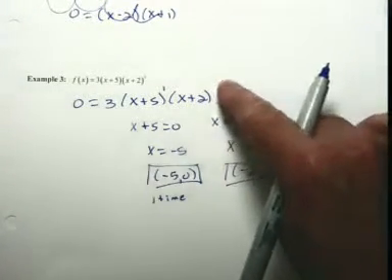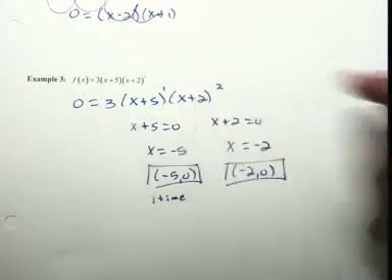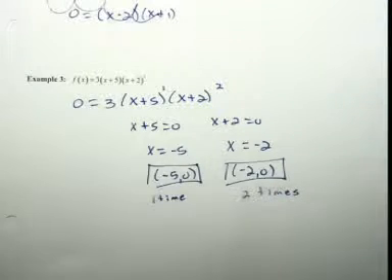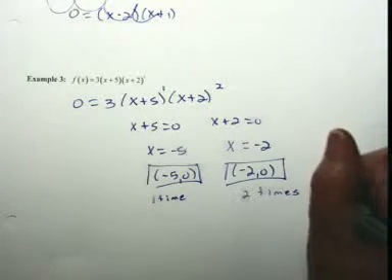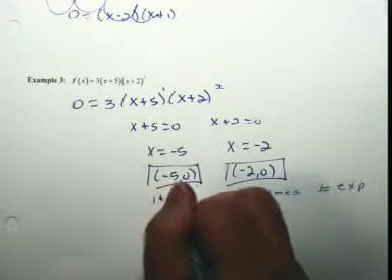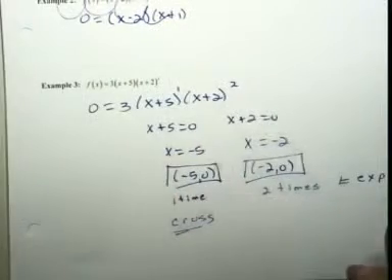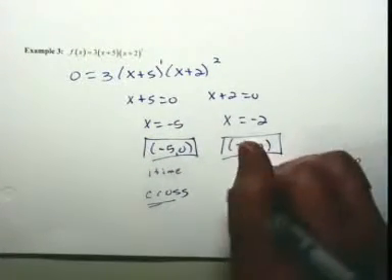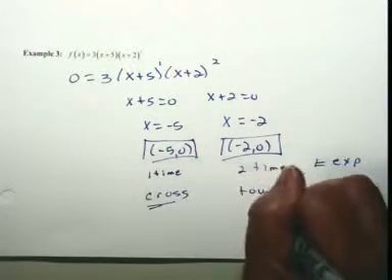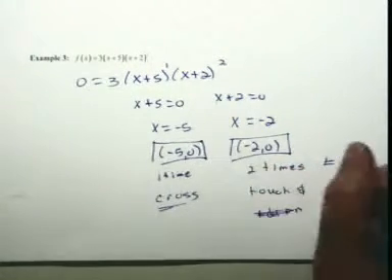It's only written once, but that's understood to be x plus 2, x plus 2. So this one occurred 2 times. It's the exponents that tell us this. 1 time says I am going to cross at that point, but if it occurs 2 times, it says at that point we touch and turn.